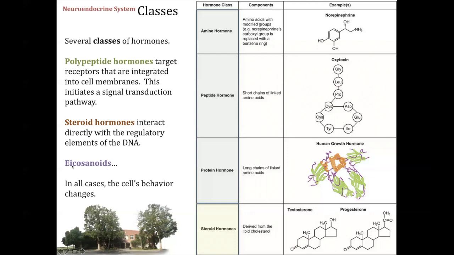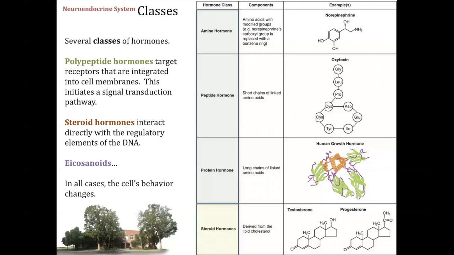These are coming from a 20 carbon free fatty acid, arachidonic acid, which also lives in the cell membranes. But the eicosanoid hormones, these fatty acids, have cell surface receptors like the polypeptides.